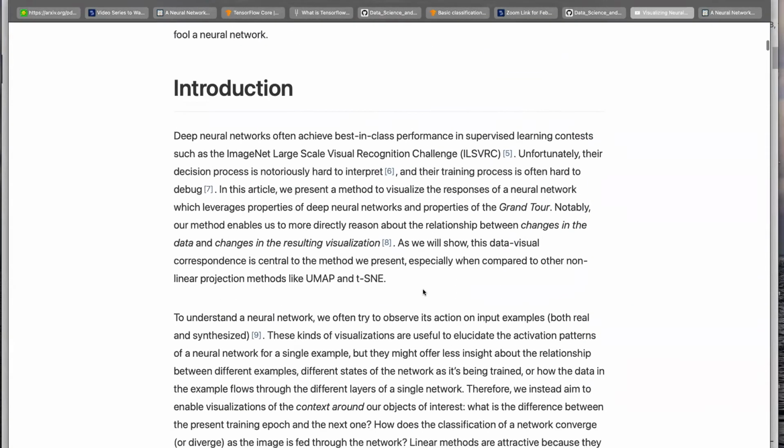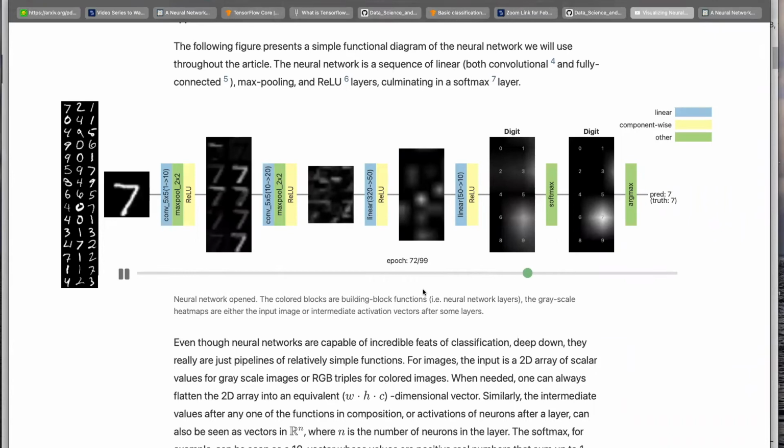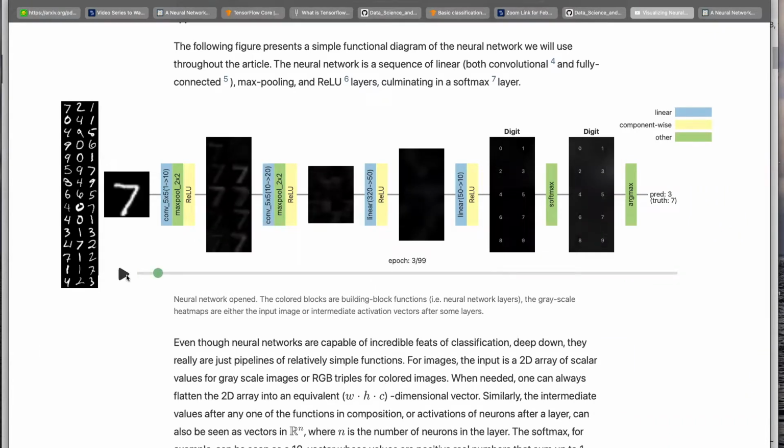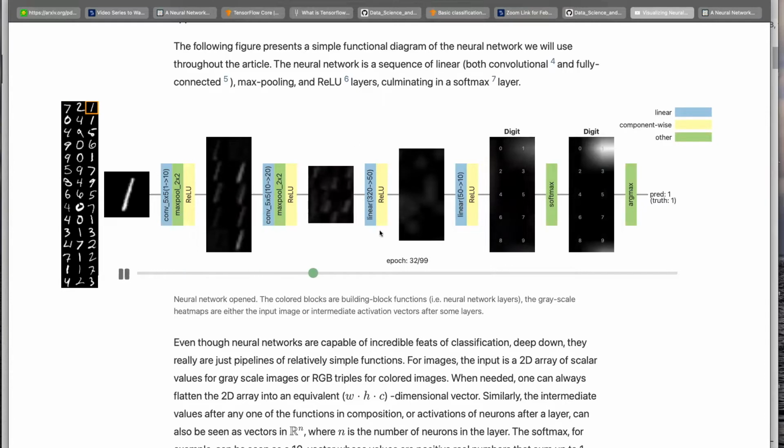So maybe there's another, yeah, this is a pretty cool illustration here. This is the MNIST data set that we're going to talk about today. So if we feed in a 1, what's being fed in here? There are other things we're not going to do over here, but the output is still the same that we're going to be looking at. Notice how this entry here is getting higher and higher over time as it's training.